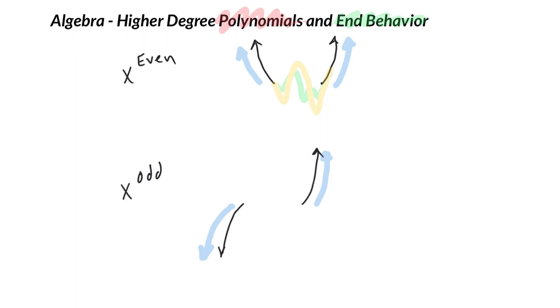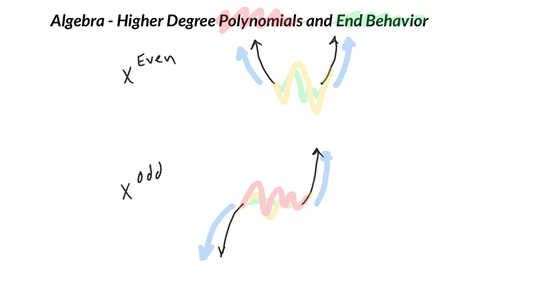Evens both go up; with odd, going positive, it's going up to infinity, going negative, it's going down to negative infinity. And again, the higher the power, like x cubed, we know, just does this, but x to the fifth would go like that, and x to the seventh, like that. Every higher power will add more bouncing in the middle, but it's not going to change the overall end behavior.